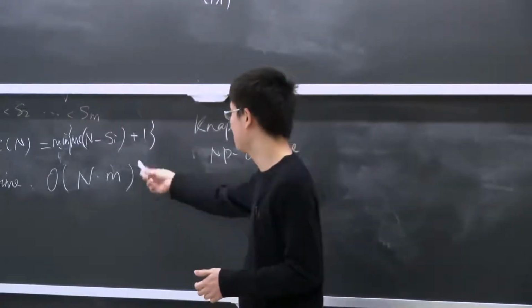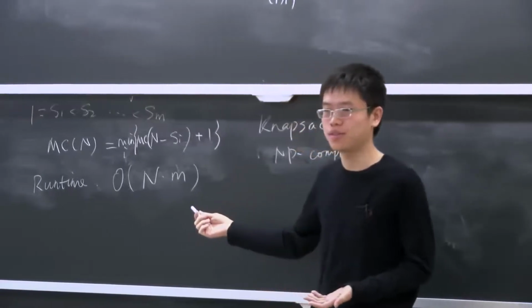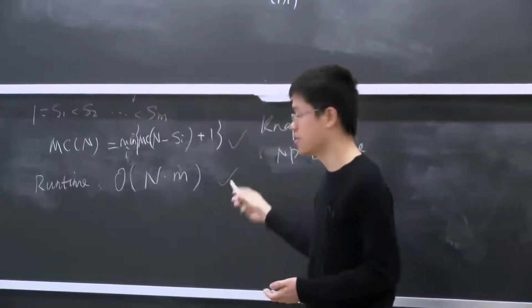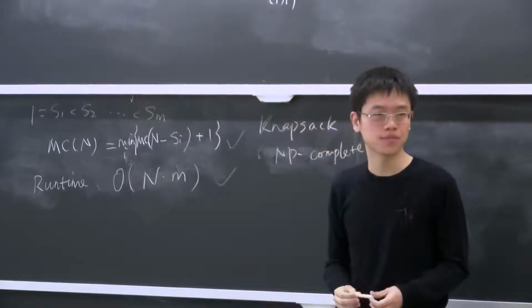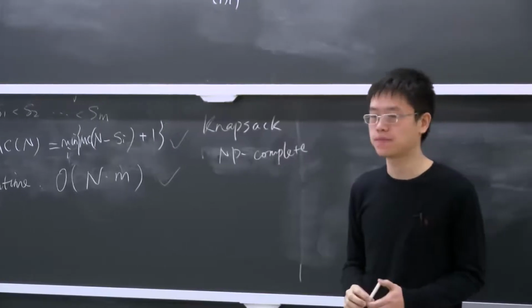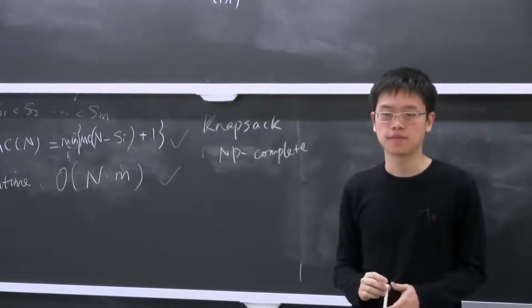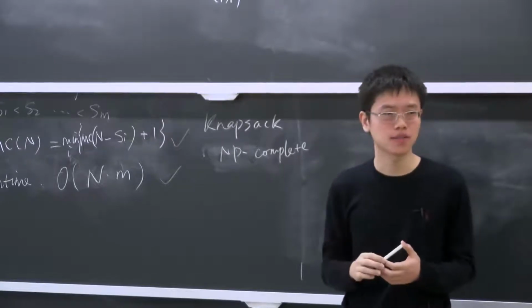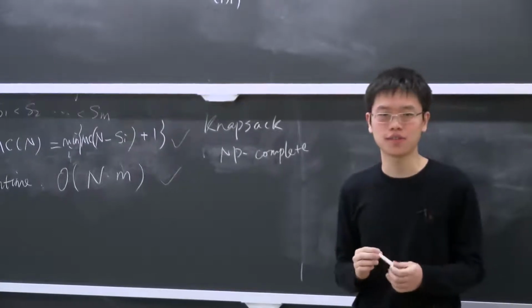No, but there's no problem with this solution, right? This covers all the cases, and our analysis is definitely correct. So yeah, does anyone get what I'm asking? So what's the contradiction here?